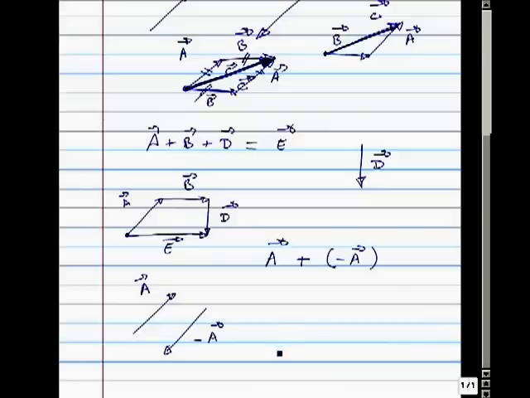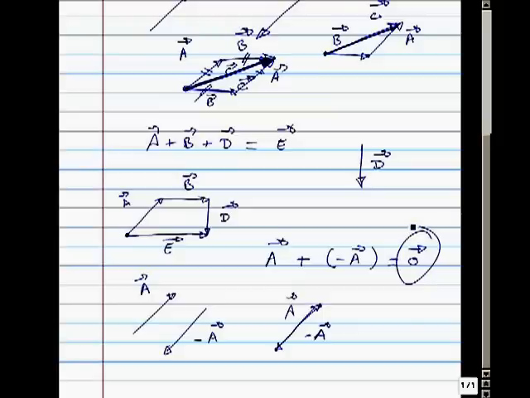I start with vector A, and I'm going to draw the vector minus A starting from the end of vector A. So the first vector was A, the second vector was minus A, and in this particular case I end up at the same position as the one I started with. Therefore, this will give me a vector with 0 length, which we call 0 vector.